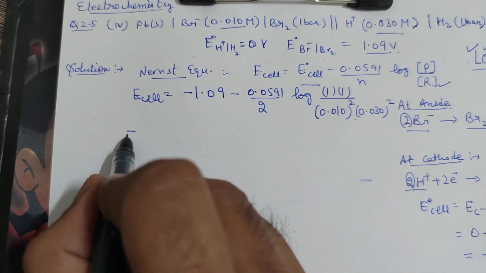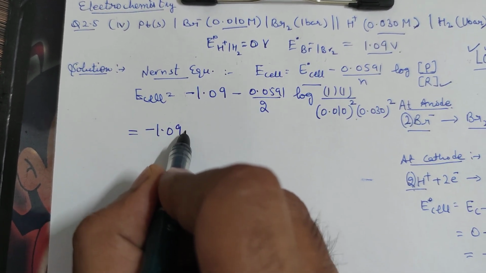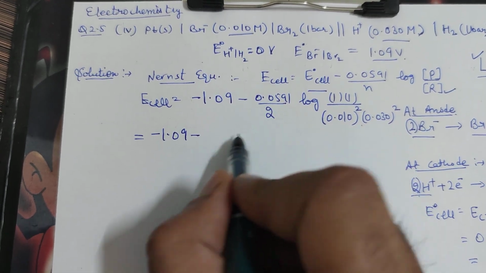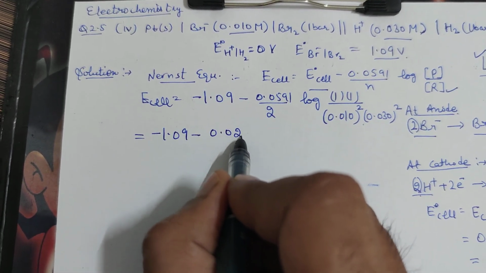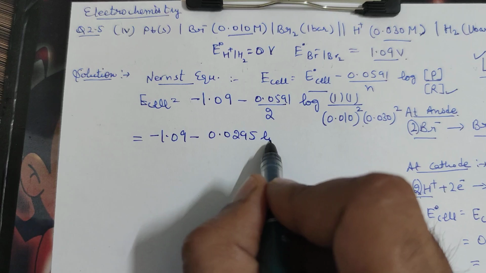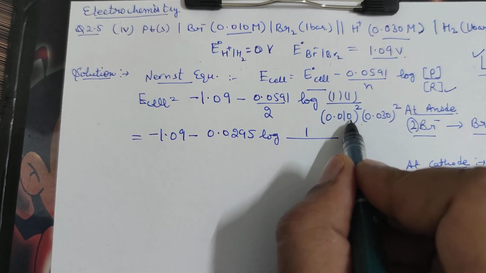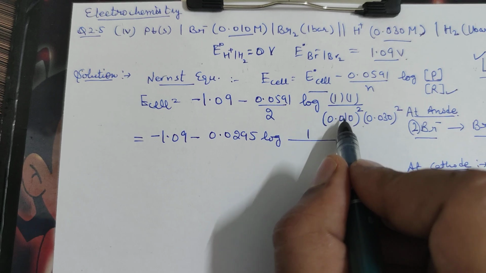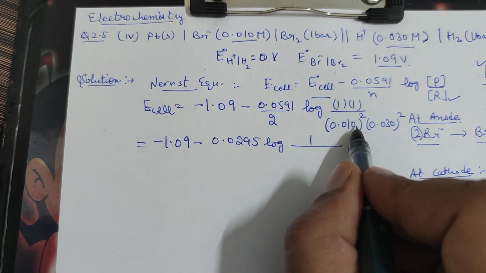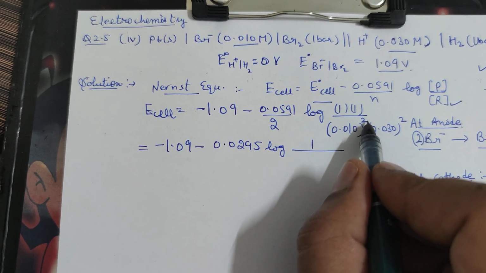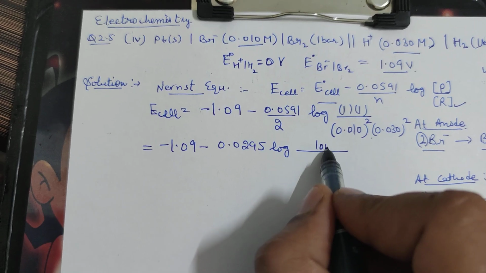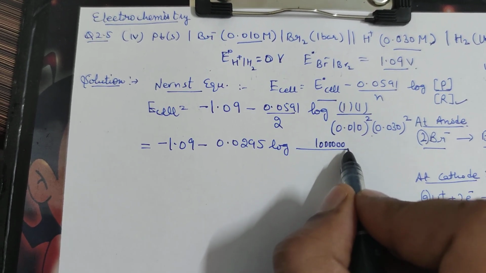So let's start: minus 1.09, and after dividing we get 0.0295, and log of 1 into 1 upon. Now see how to solve it. After the decimal we have 3 digits, and on squaring you will get 6 zeros, so write these 6 zeros on top.